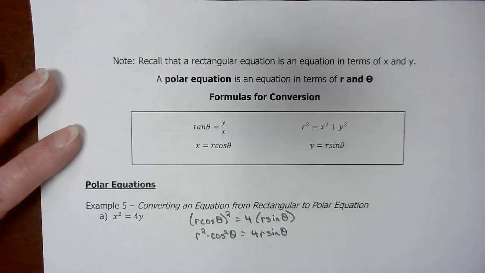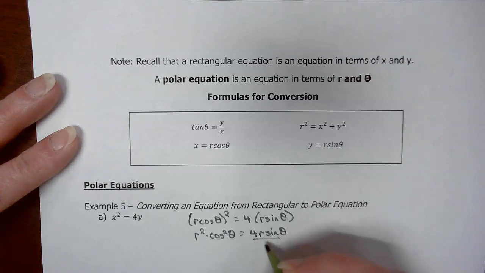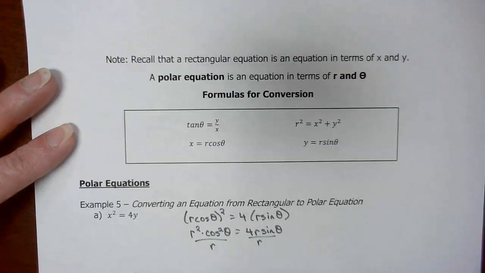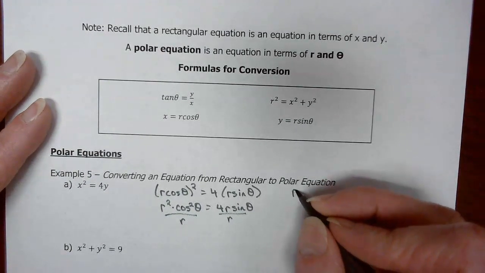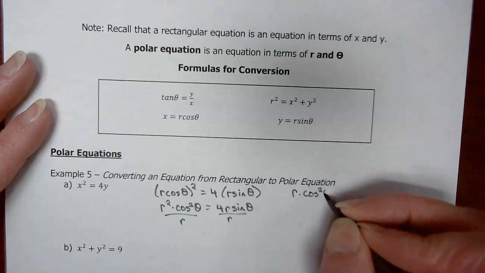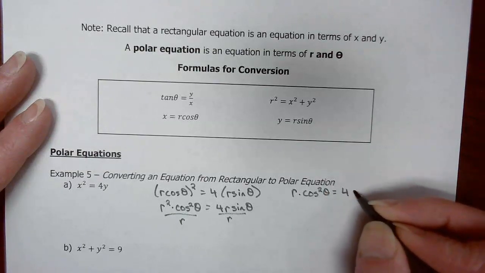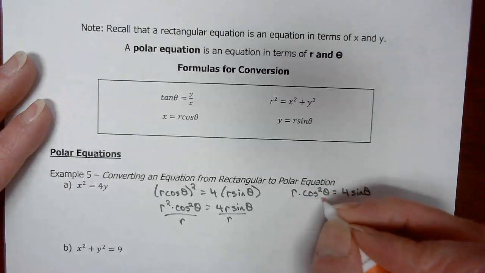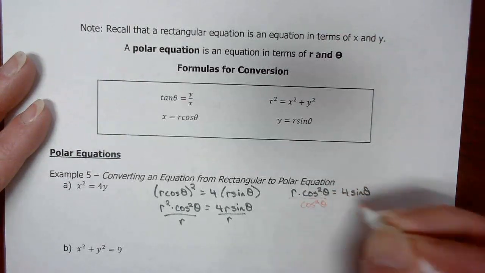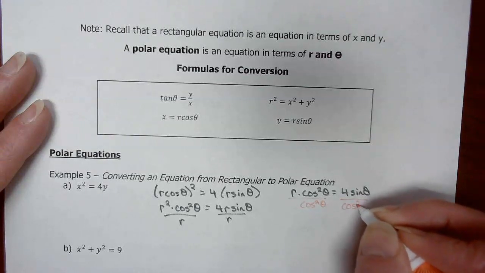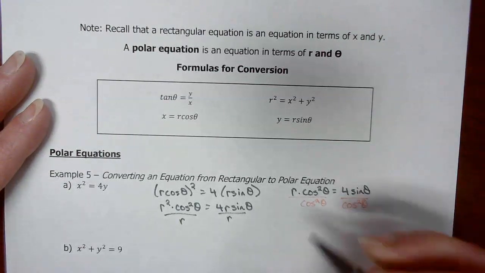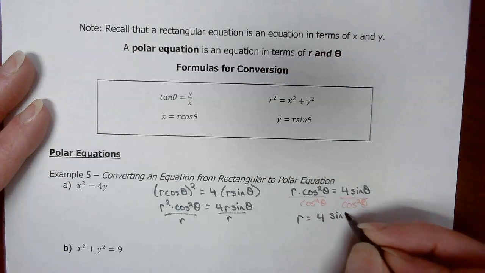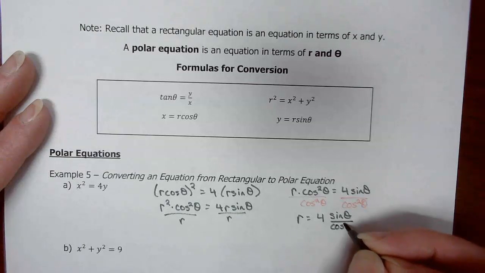Now I could divide both sides by r. And that would give me r times cosine squared theta equals 4 sine theta. Then divide by cosine squared, and get r equals 4 sine theta over cosine squared theta.